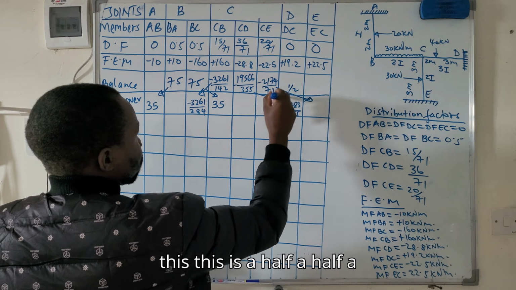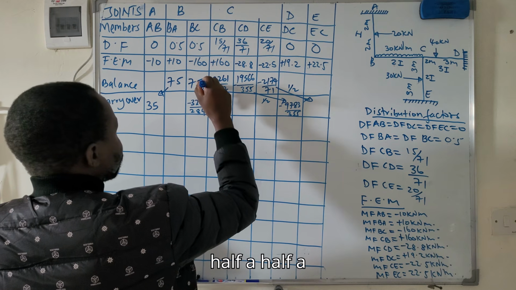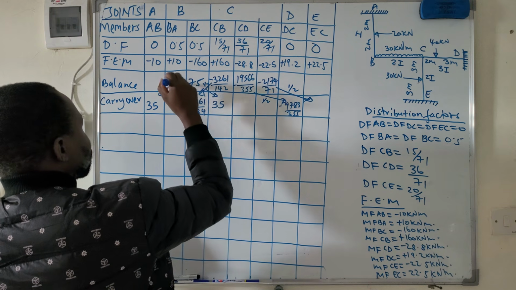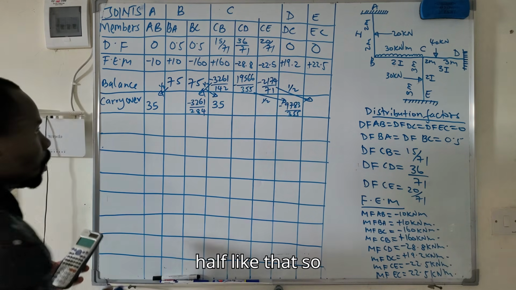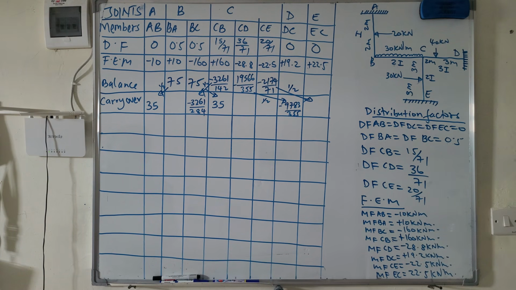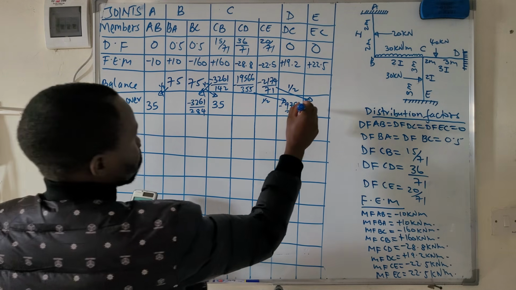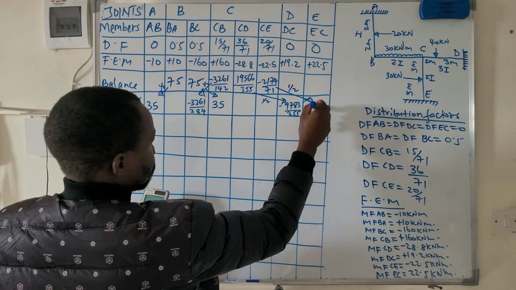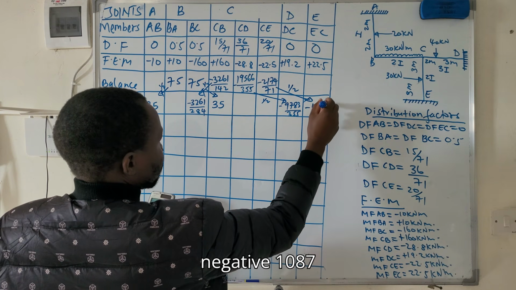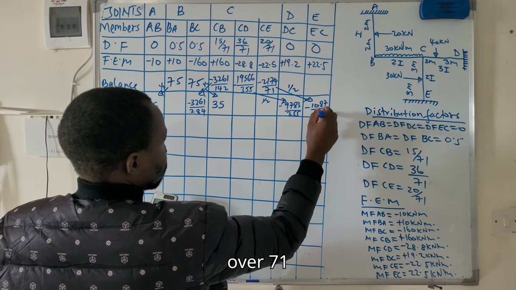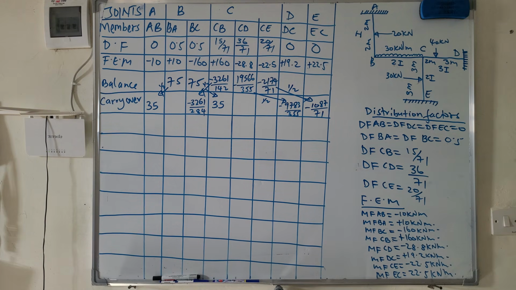So this is a half, a half, a half, a half, a half, like that. So 2174 over 71. So it's negative 1087 over 71.